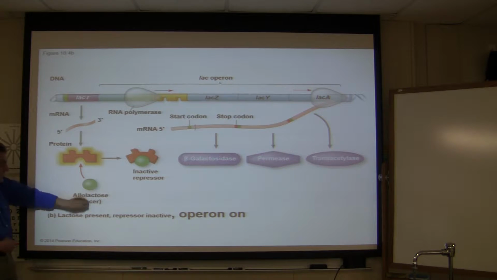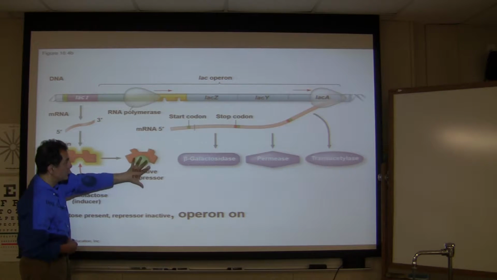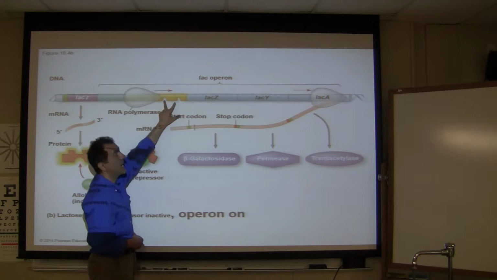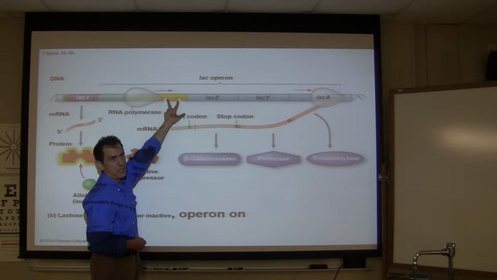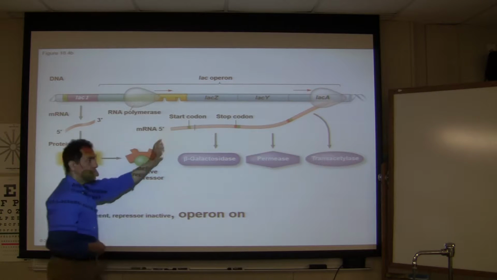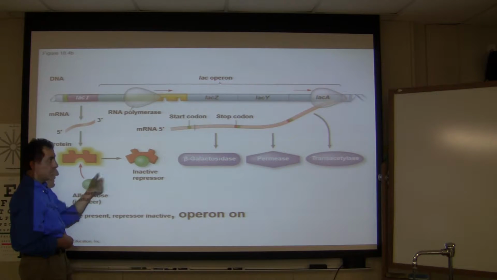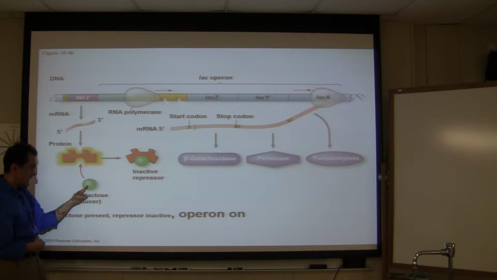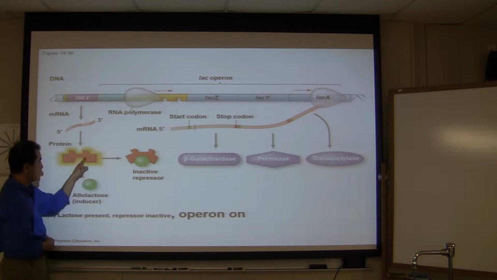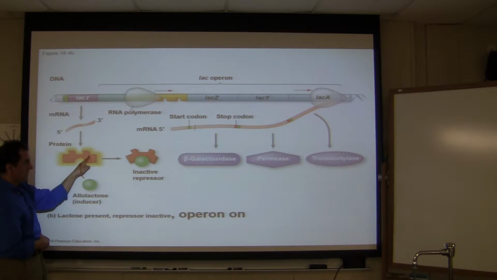So when this allolactose, the inducer, attaches to the repressor, then this repressor cannot attach to the promoter. This molecule is a disaccharide, not a protein molecule; the repressor is a protein molecule.